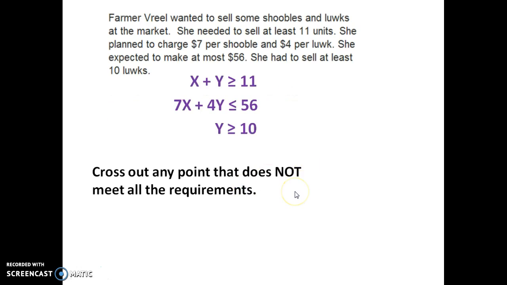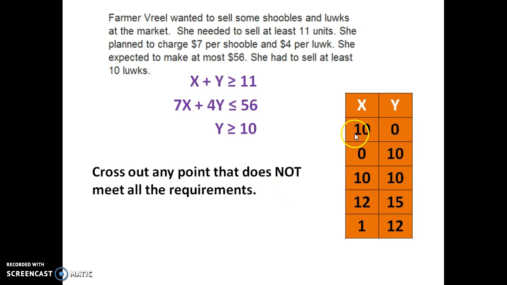So we can cross out any points that do not meet all the requirements. So 10, 0. 10 plus 0 is 10. That is not greater than or equal to 11.